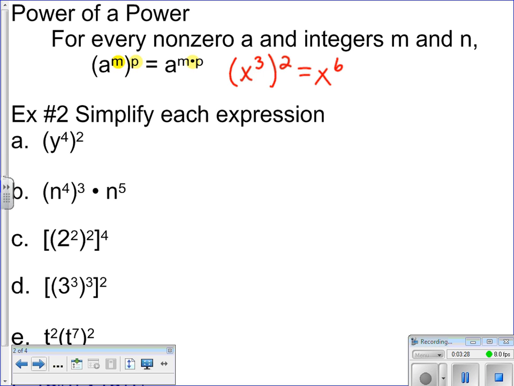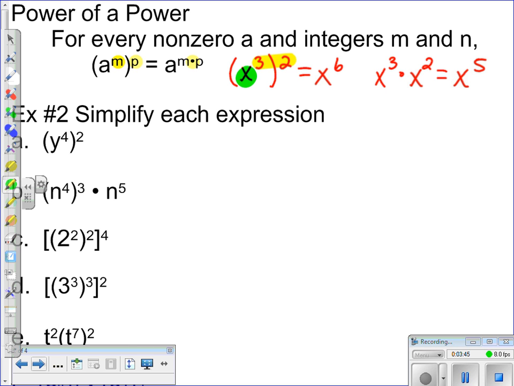Now that's different from x cubed times x squared, where you add them together and get 5. Notice that in the first one you have 2 exponents but only one base. So if you have 2 exponents and 2 bases, you add. 1 base, you multiply. 2 bases, you add.